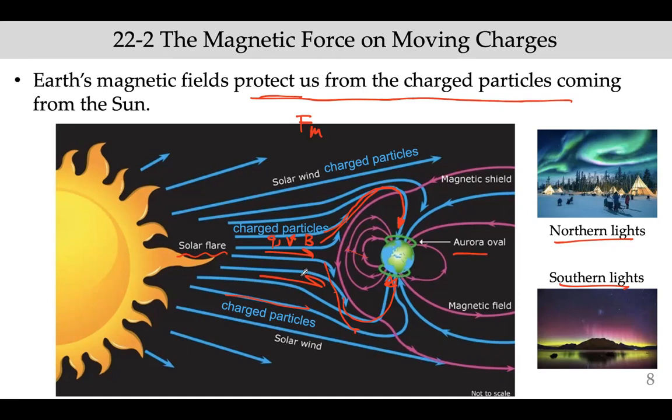So by means of these magnetic fields, we are protected from the dangerous charged particles coming from the sun, and at the same time we have these beautiful scenes produced because of the magnetic field.